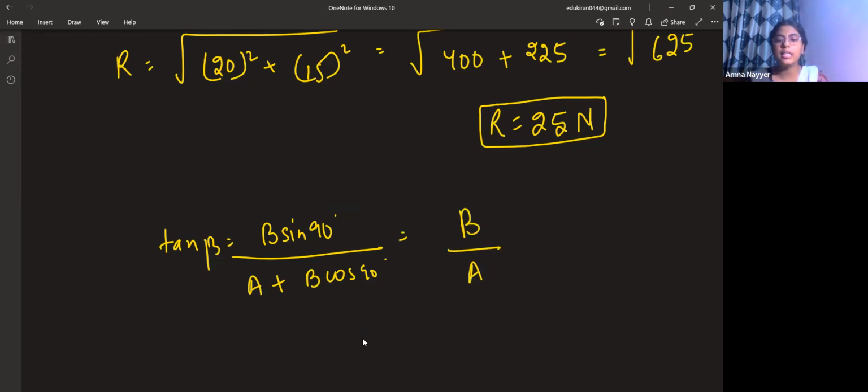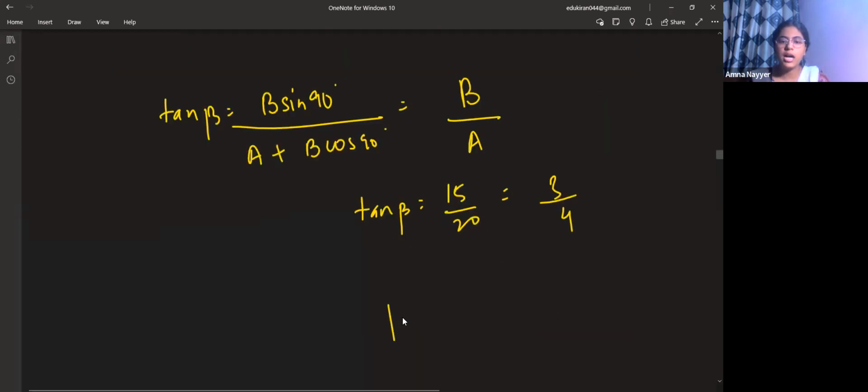Only that will be left. So tan beta, b means the second force is 15, first force is 20. So you cancel this, becomes 3 by 4, right? 3 by 4. So your answer beta is tan inverse 3 by 4.